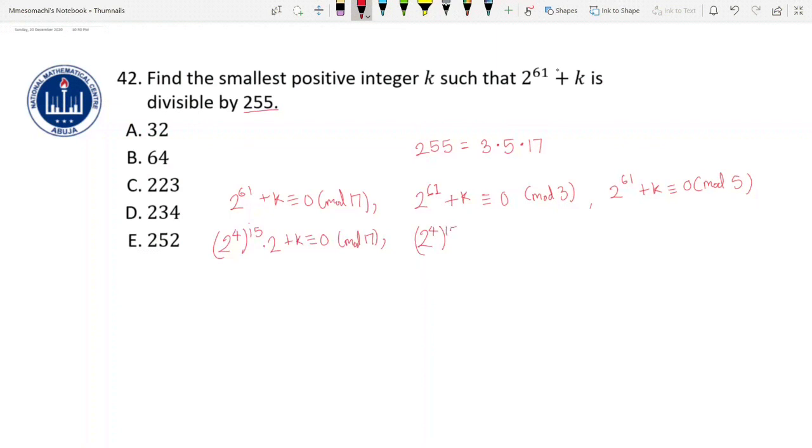Similarly, mod 3 and mod 5, it can be expressed the same way. 2 raised to the power 4 is 16.